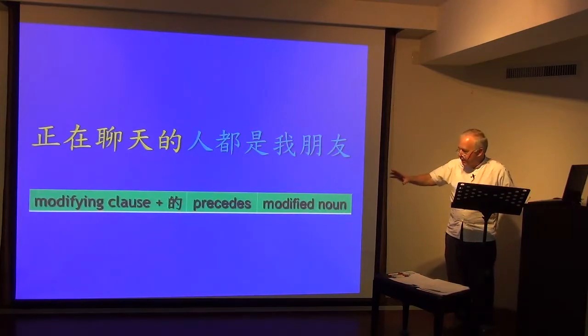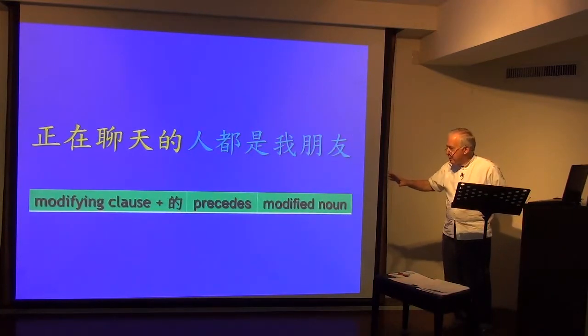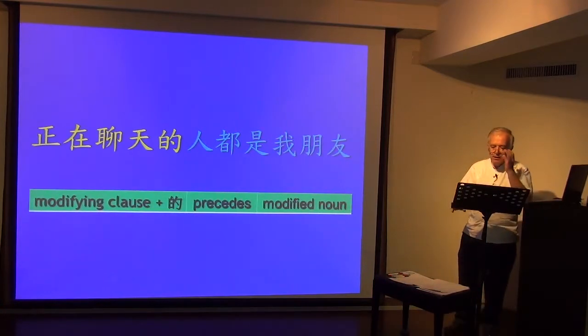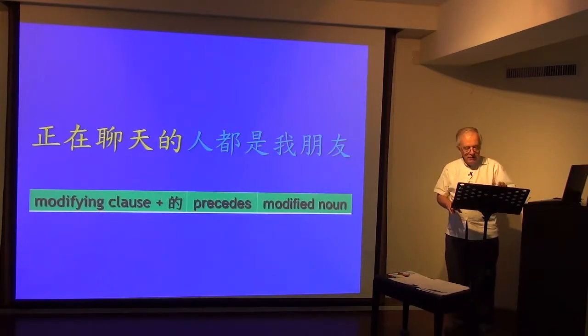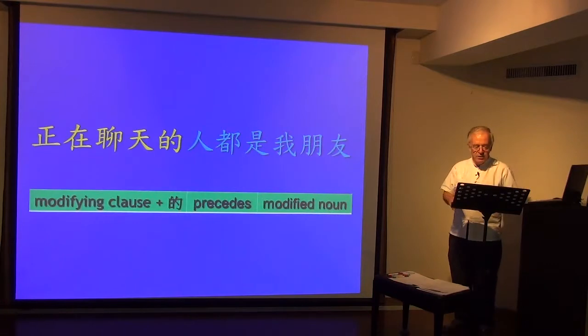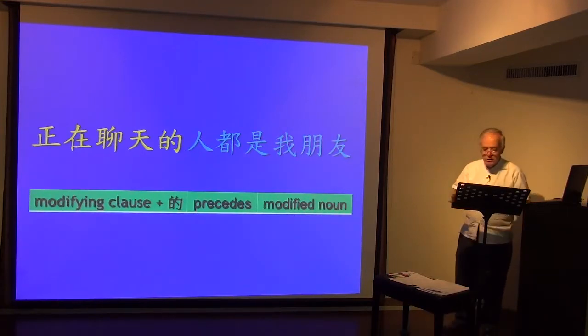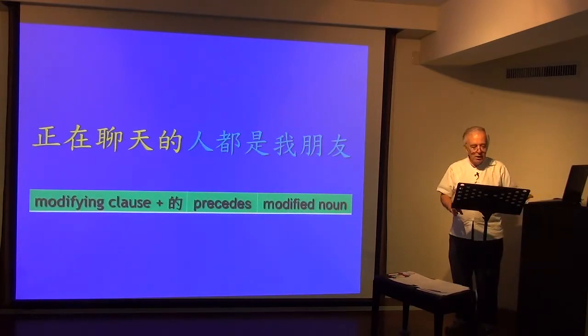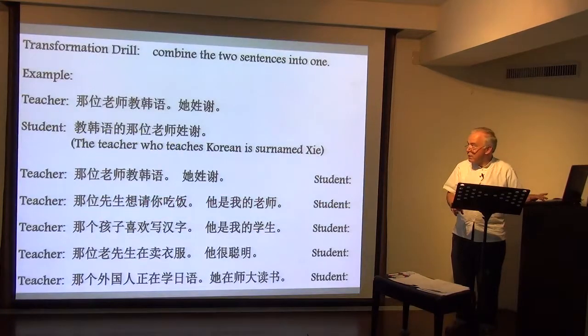Here, the modifying clause with de added precedes the modified noun. If you think in English, we have the sentence, the man who came is my brother. But in Chinese, it's, well, let me use an example in a couple of minutes so you'll see how it works.